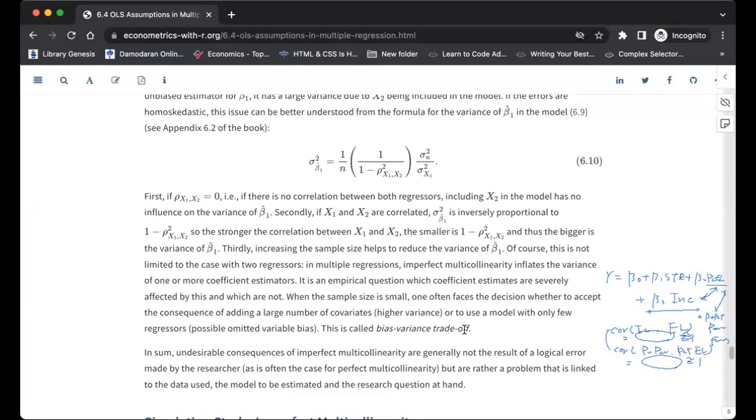So another thing in R, I think you guys already know that we can test for an imperfect multi-collinearity problem. There is a function called VIF, the variance inflation factor calculation.